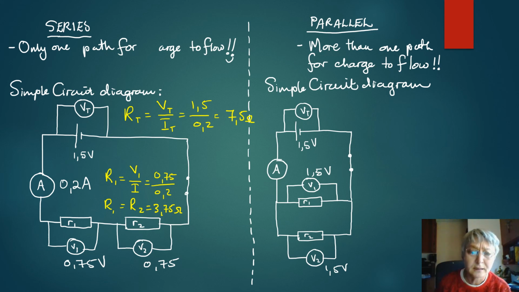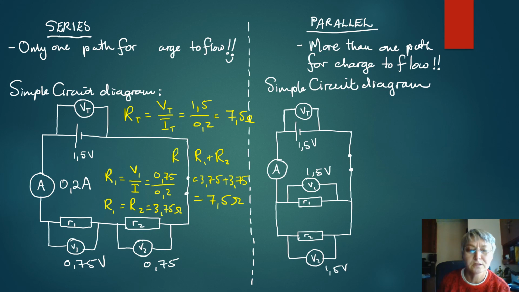Now here I can see that if I look at the sum of R1 and R2, I will get 3.75 times 2, 3.75 and 3.75, and that adds up to 7.5 ohms.